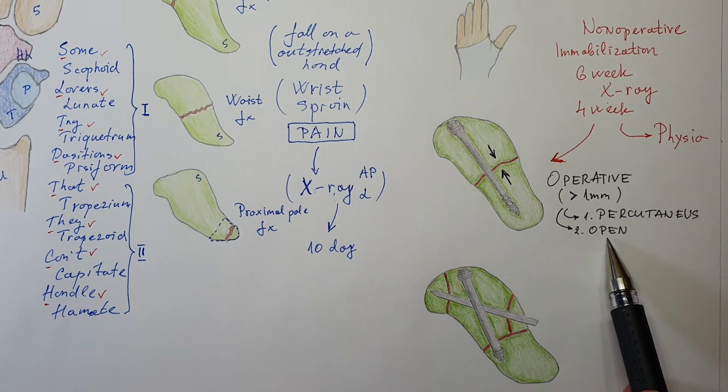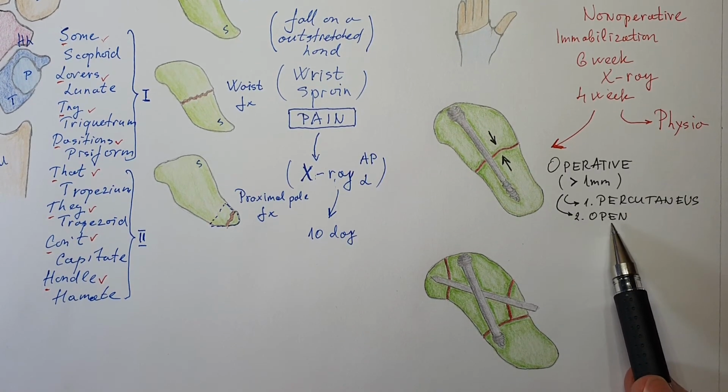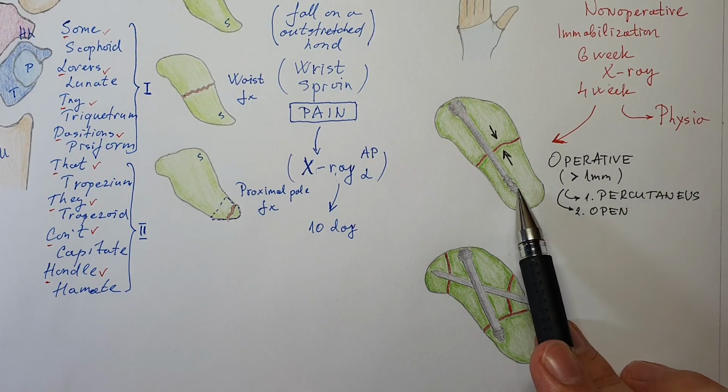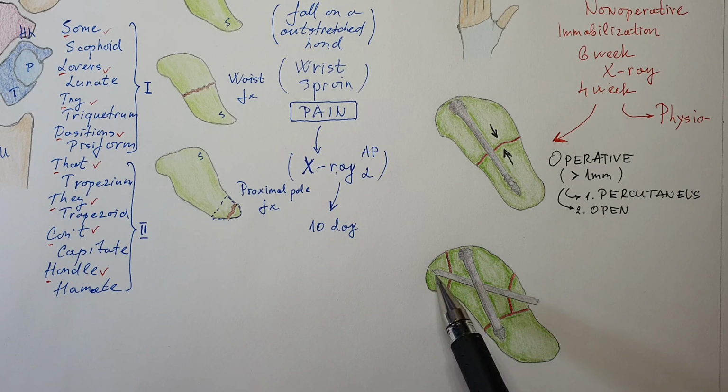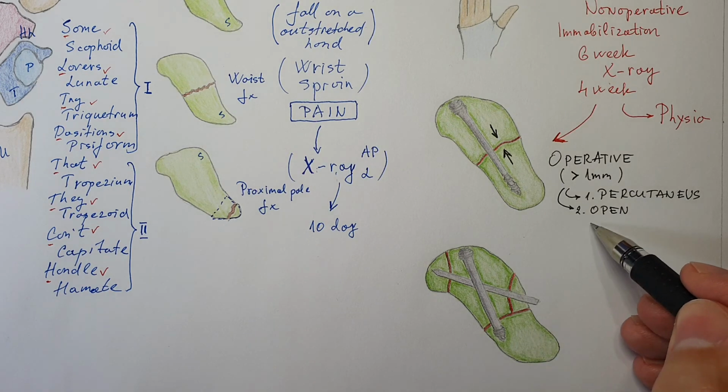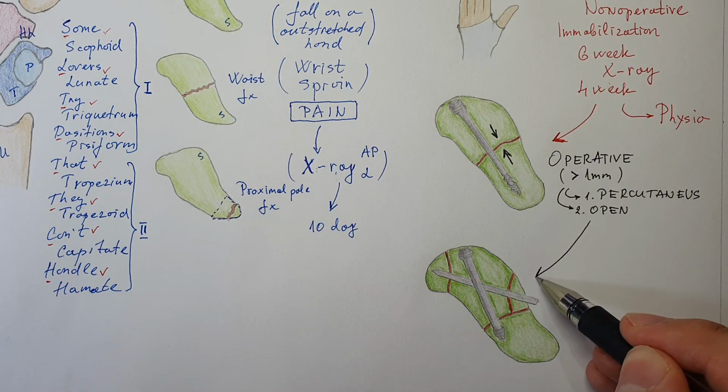An open technique is done when this cannot be achieved. So if there are multiple fracture lines and you need to put more material into the bone and you need to precisely do a reposition, then you would need to do an open technique.